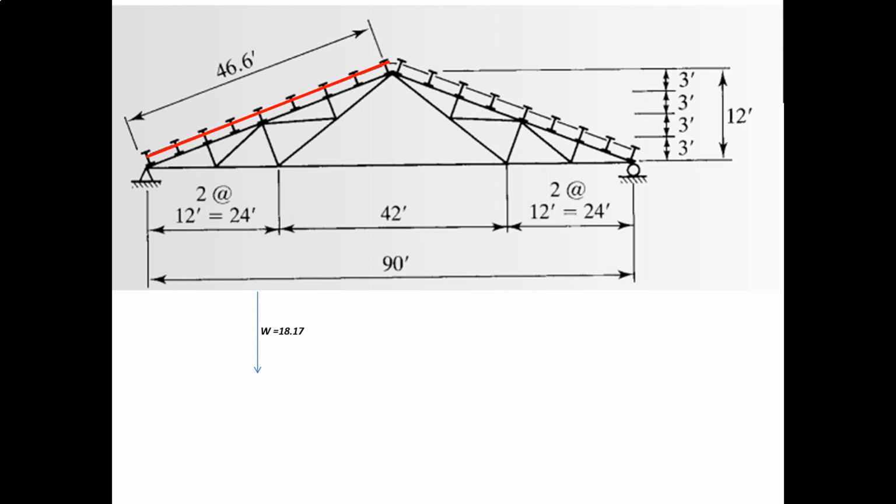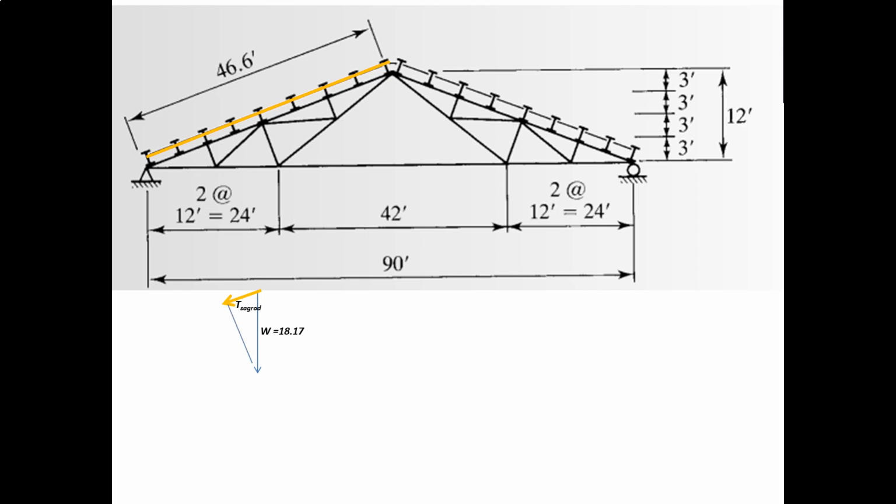So granting that this is the inclined length, 46.6, this is the force that will be induced on the rods. That is actually just a component of your 18.17. So let us label this as the force at the sag rod.